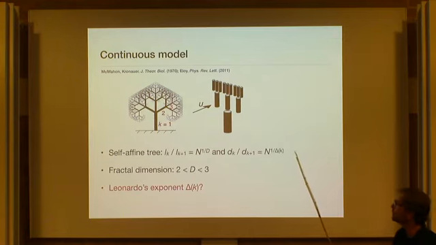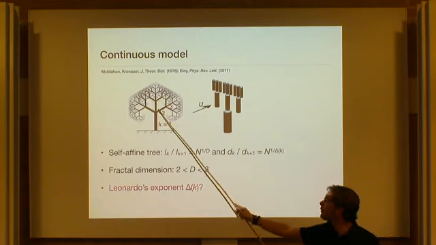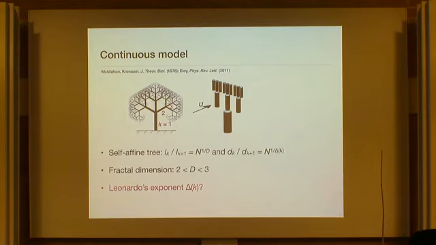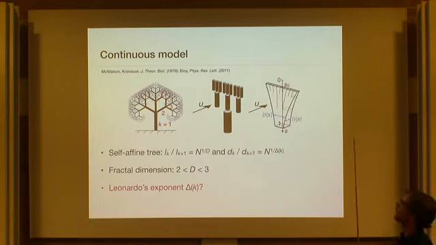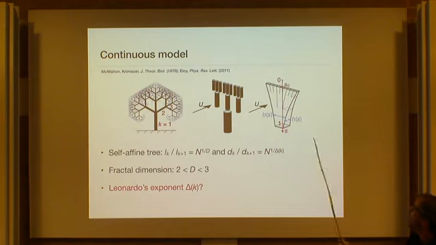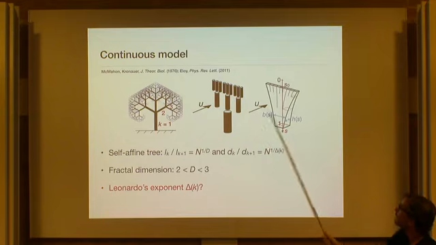Without any knowledge, this ratio could depend on the rank. It could be different for the branches that are near the trunk or the branches that are near the top. An interesting thing is that there is a parallel between this discrete problem and a continuous problem of a cantilever beam. It's a beam where the thickness varies with the height and the width also varies with the height, such that the thickness is related to the diameter.